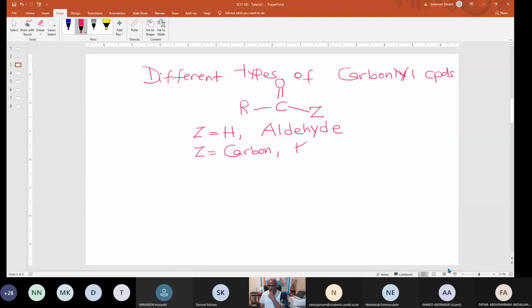When Z is a carbon, it is a ketone. When Z is OH, it is a carboxylic acid.